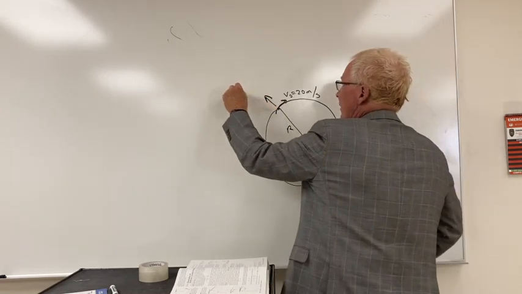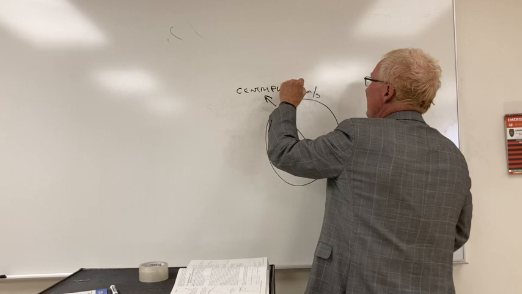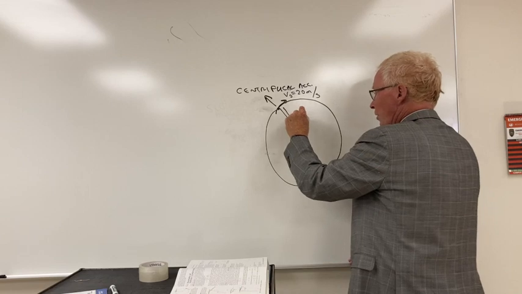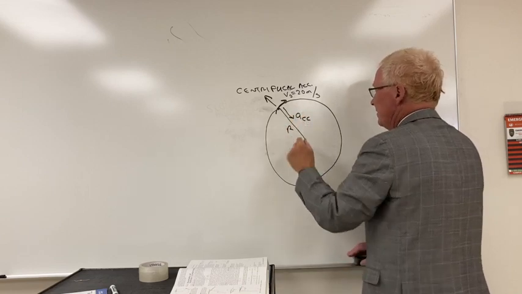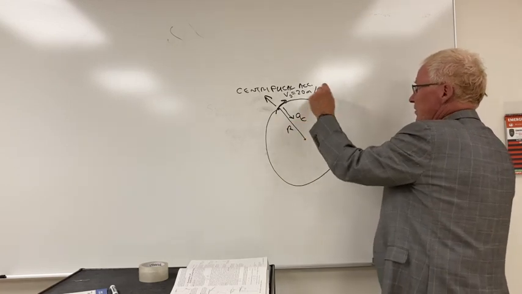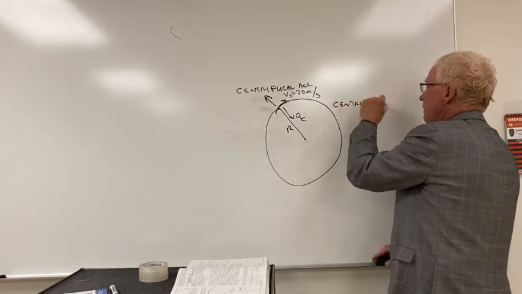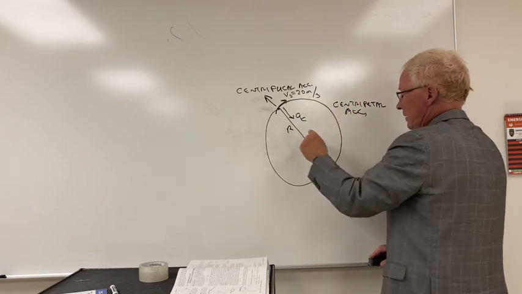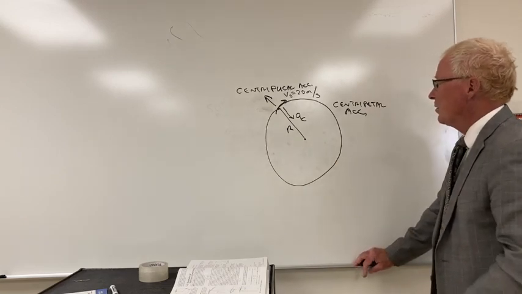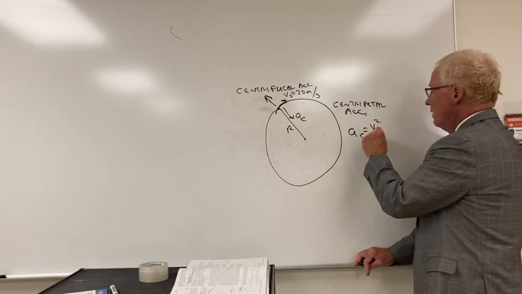This feeling of being pulled out is a result of being pulled in, what we call centripetal acceleration, a_c. And you're being pulled to go in a circle at constant speed. The centripetal acceleration is given by v squared over r.